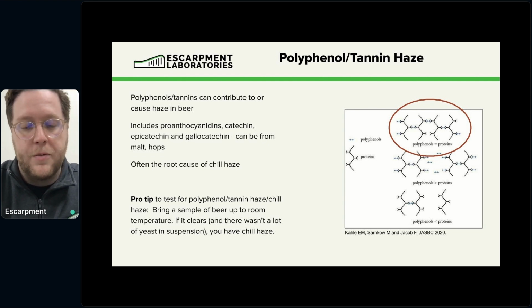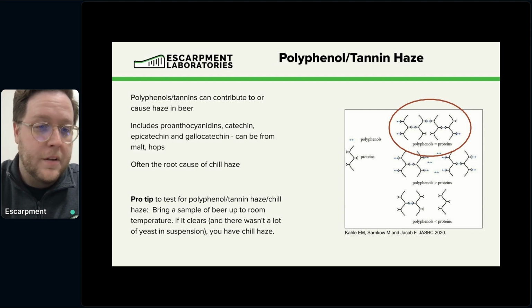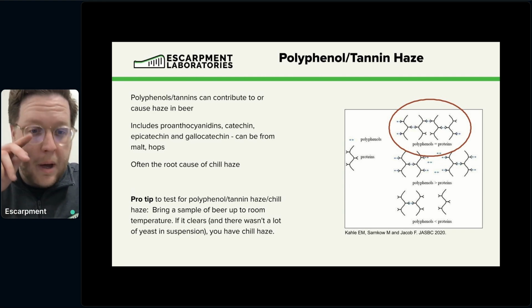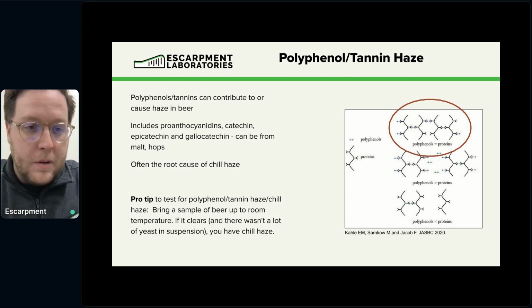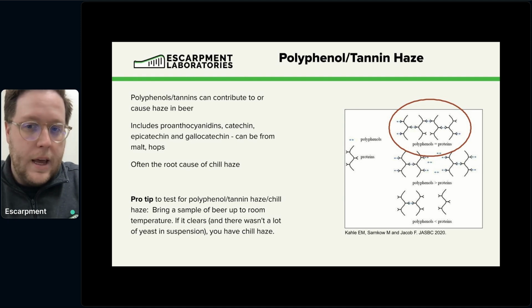But if you're looking to test for polyphenol haze, typically most of these are chill hazes. So you can bring a beer up to room temperature. If it clears up and you don't see a lot of stuff dropping out, it's probably chill haze. Another thing to keep in mind here is that those polyphenols can form stable complexes with proteins. So you can form a protein polyphenol haze.